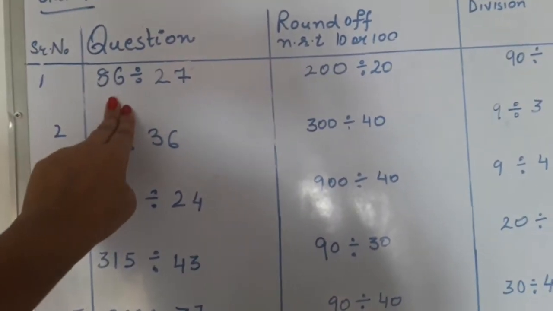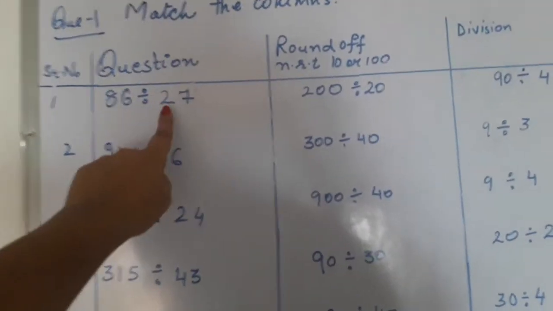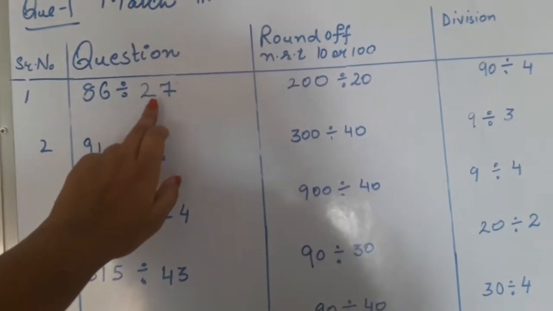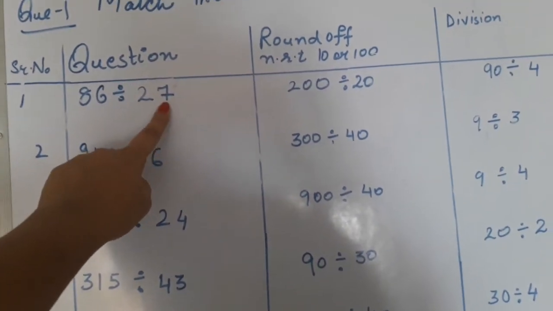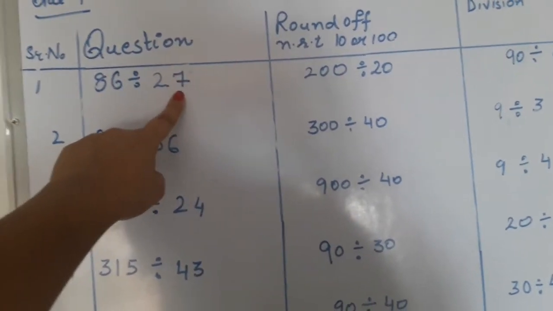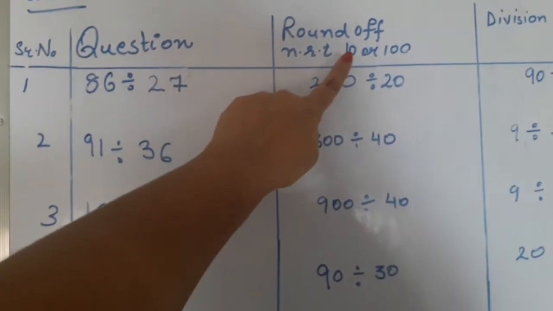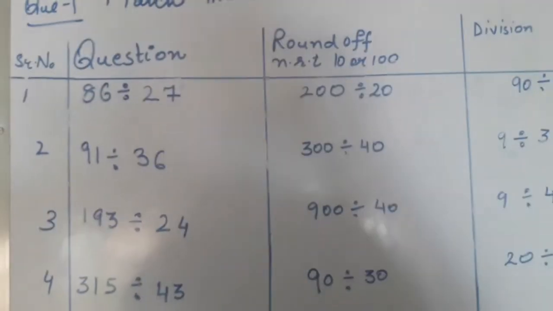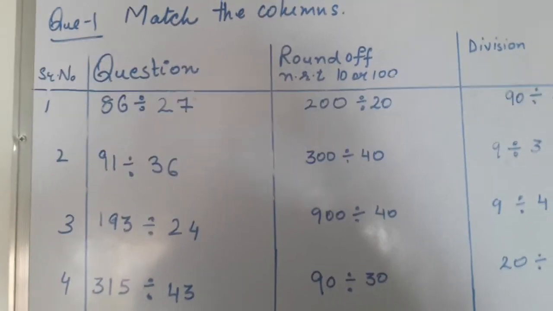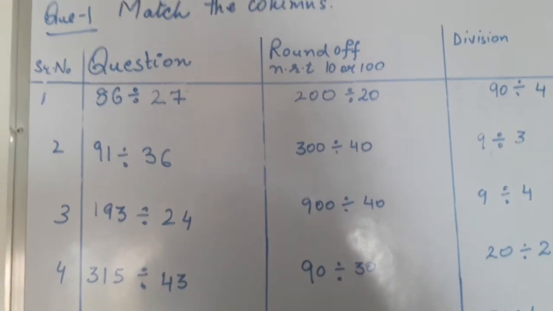So what I have done, I have put 0 in my ones place and added 1 to the tens place, and this 86 becomes 90. Now for 27, again if I want to round it off nearest to tens, I will see its ones place. If I want tens, I will see the ones place. If I want the hundreds place, then I will see the tens place. Right?